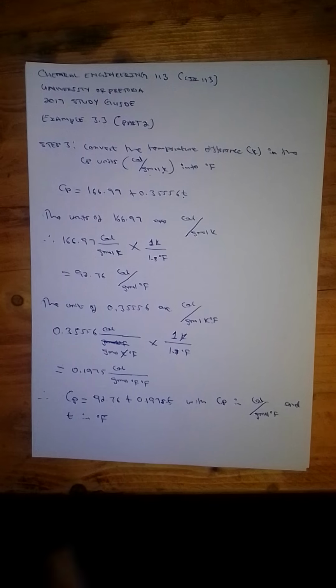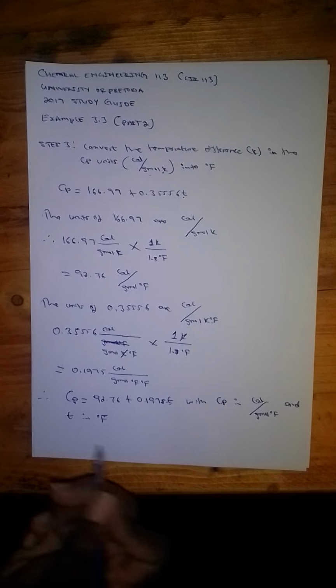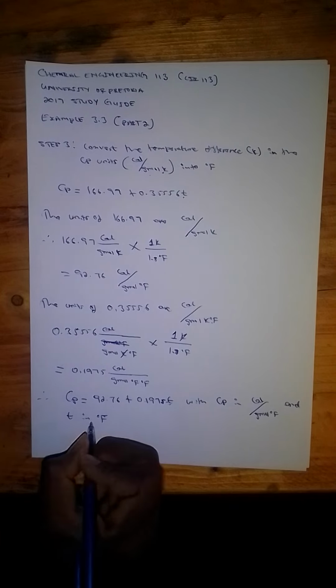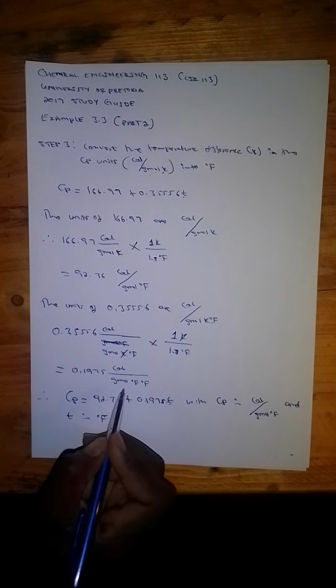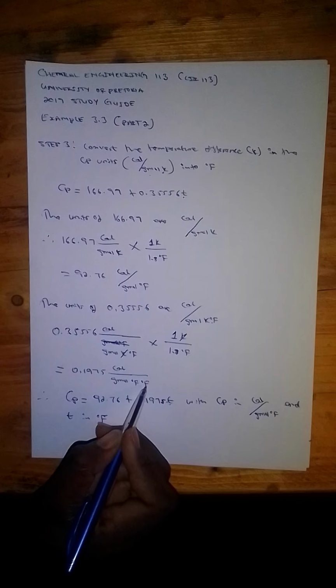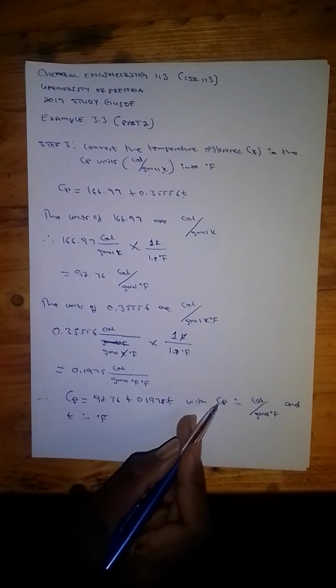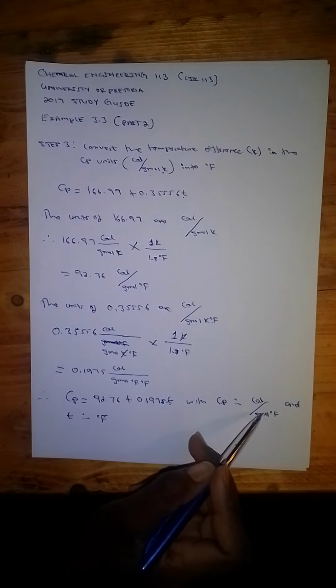I just need to highlight that it's important not to be confused. Another thing that can be confusing is why, when we put the 0.1975, we had degrees Fahrenheit and degrees Fahrenheit, but when we talk about the units of CP we say it's only that.